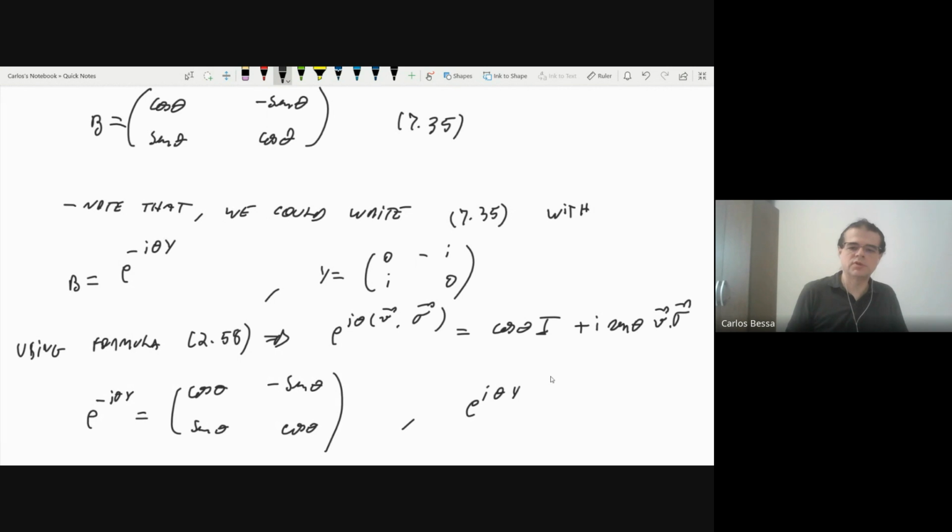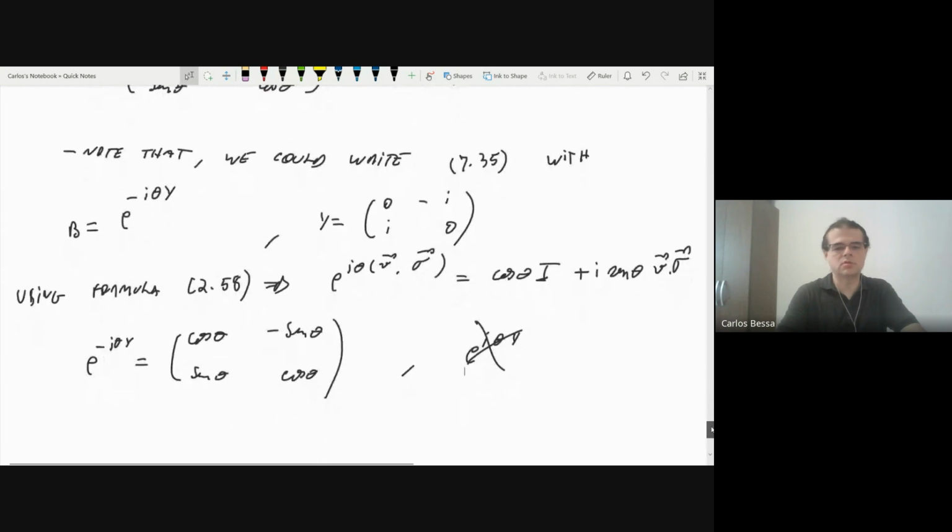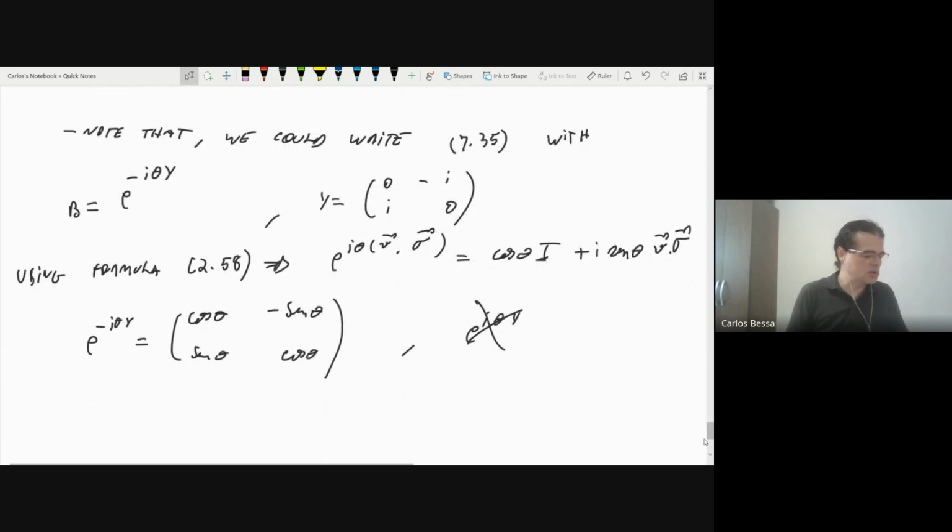I think this is wrong; it will be the minus here. But in the end, it's not a big deal. But this is not in the Hatton. They do not say that this should be negative.